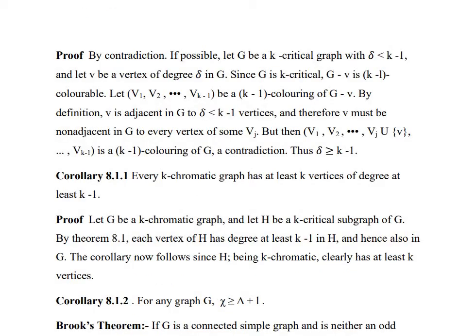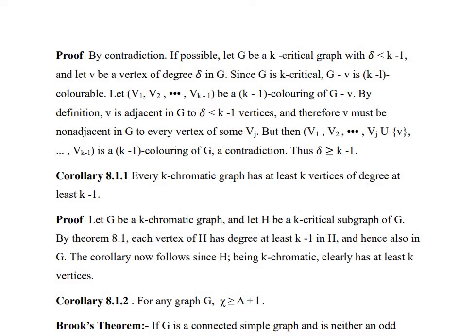We will prove it by contradiction. If possible, let G be a k-critical graph with delta less than k minus 1, and let v be a vertex of degree delta in G. Since G is k-critical, G minus v is k minus 1 colorable.